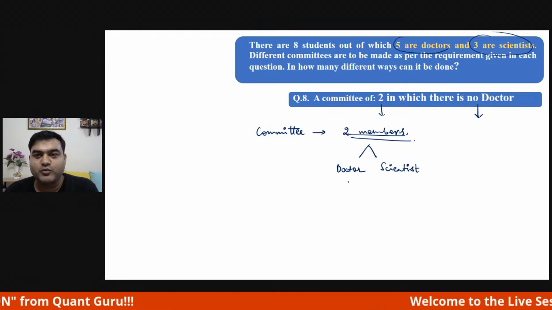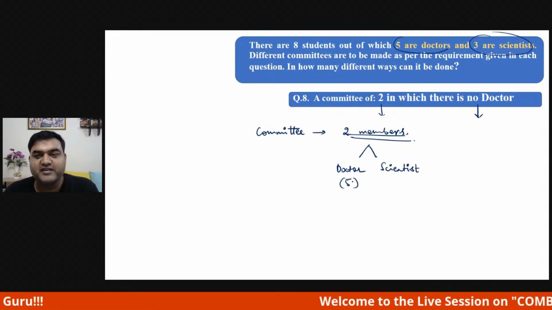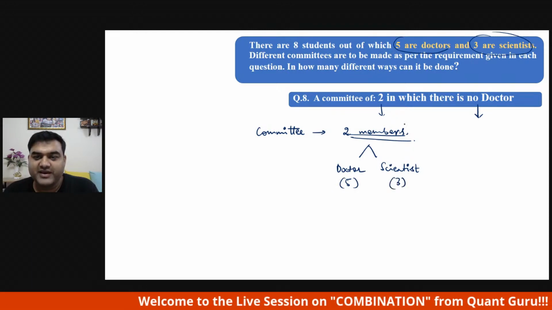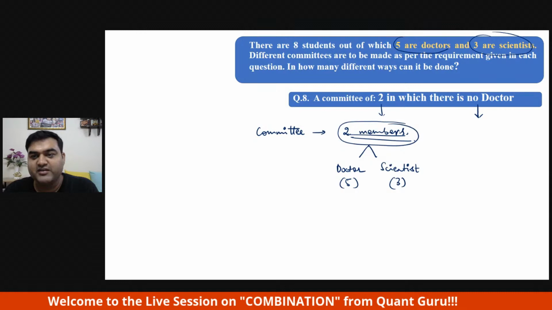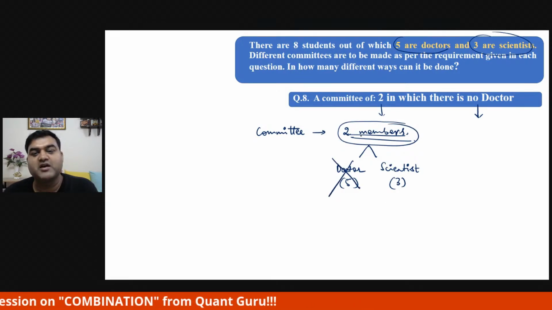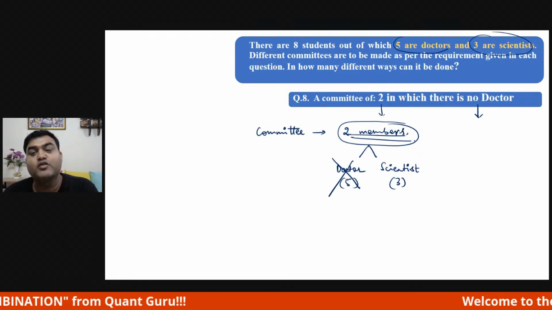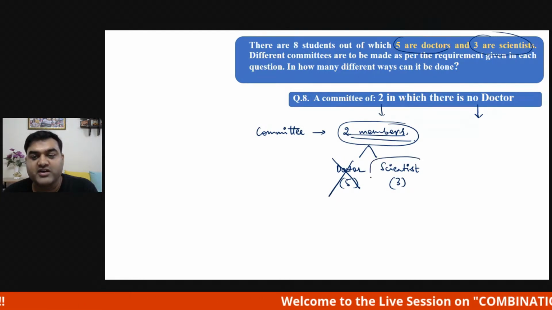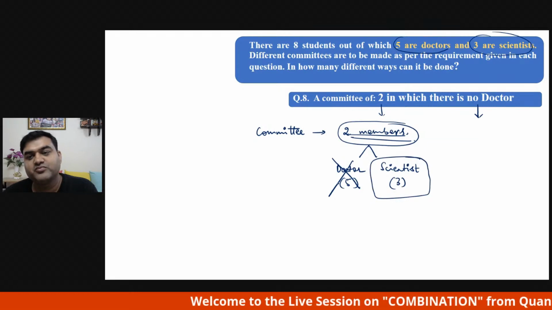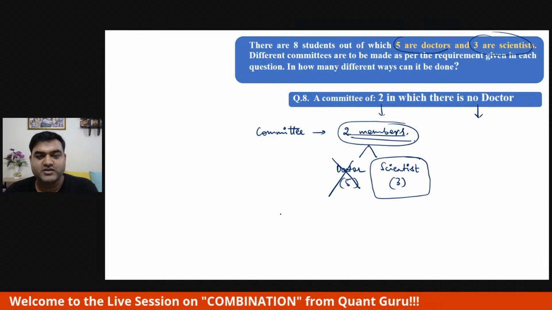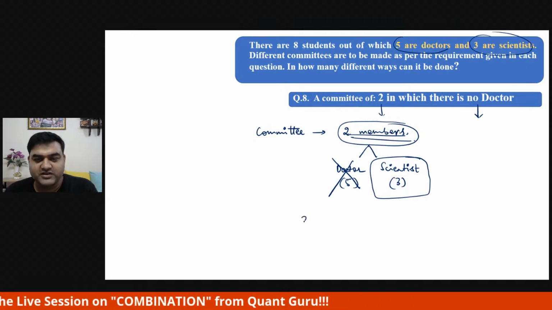Now look at that. How many doctors are there? We have maximum 5 doctors and maximum 3 scientists. We have to choose 2 members in which they are telling no doctor. So doctor cannot be there. So this committee has to be made only considering scientists. No doctor means only scientists, correct? So total 3 are there.